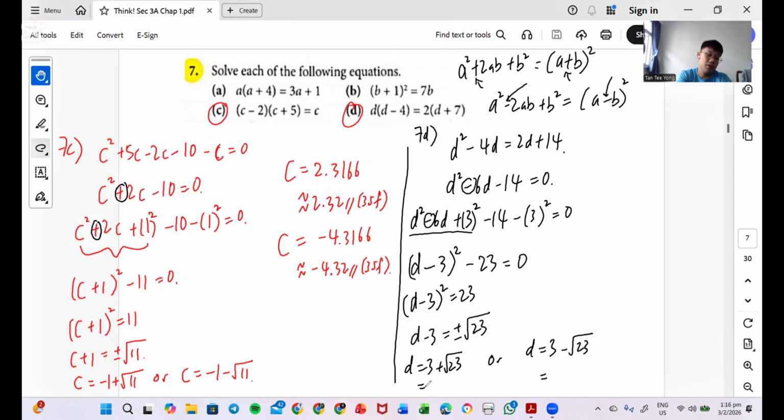So 3 plus root 23 is 7.80, 3SF. The other one is negative 1.80, 3SF. Yep. So this is it for question 7.